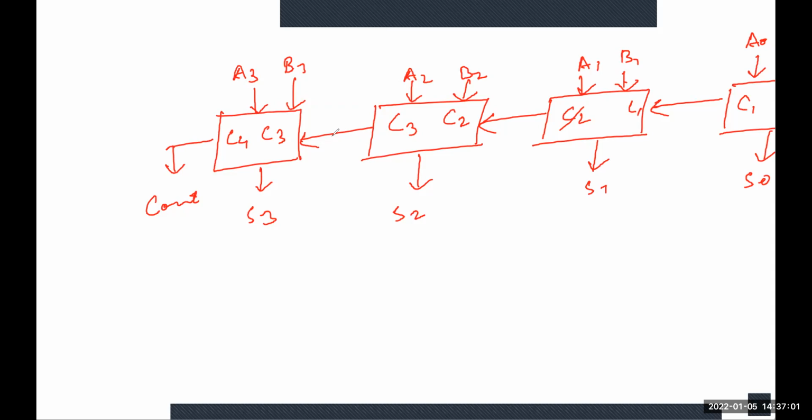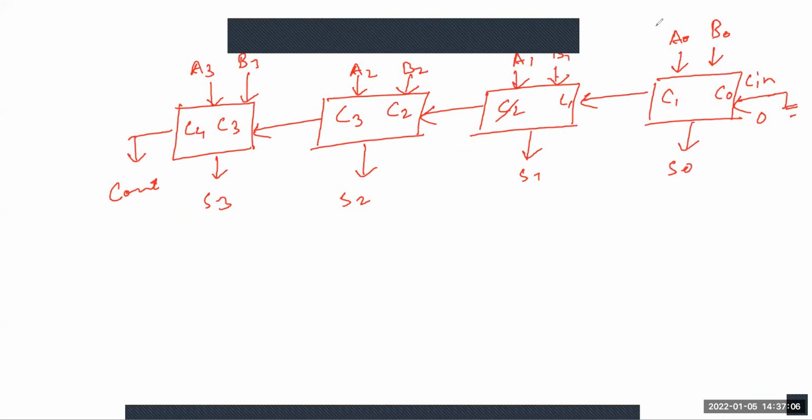Here i varies from 0 to 3. And one thing here, the carry output of the lower order stage is connected to the carry input of the next higher order stage. This type of adder is called the parallel binary adder or ripple carry adder.